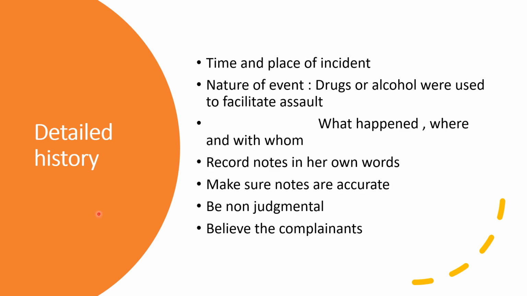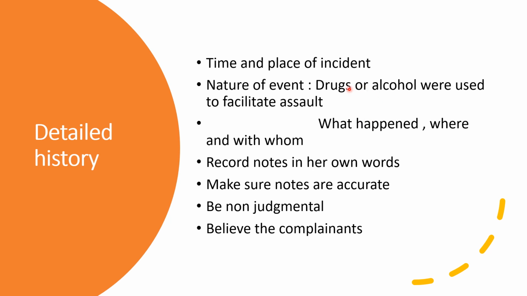So, detailed history. What to ask in the history? You have to ask regarding the time and place of the incident, nature of the event, like whoever person has done this, either he was intoxicated or he was a drug addict. So drugs or alcohol were used to facilitate assault, and this has become a common practice nowadays as well.